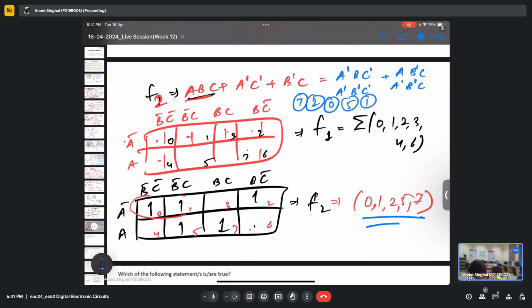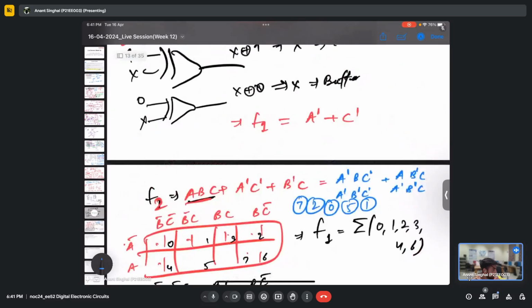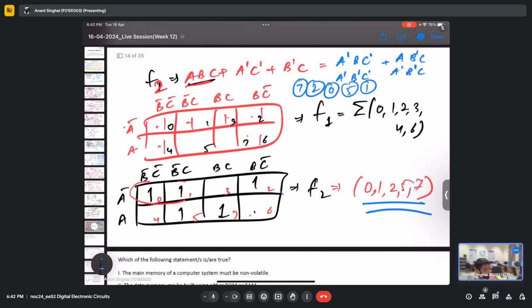So 0, 1, 2, 5, 7. This is what we have. Did I write any expression wrong? 0, 2, 4, 7. Let me recheck.